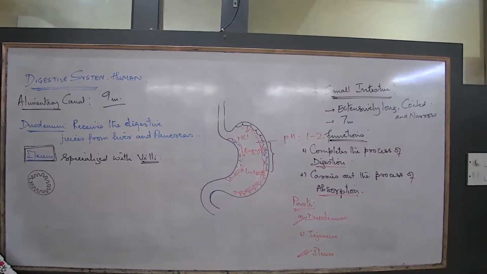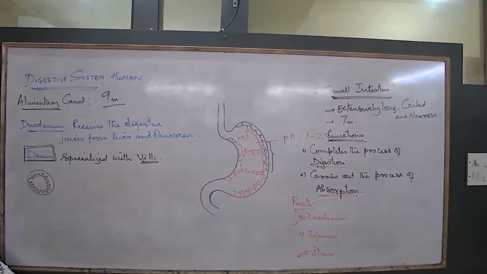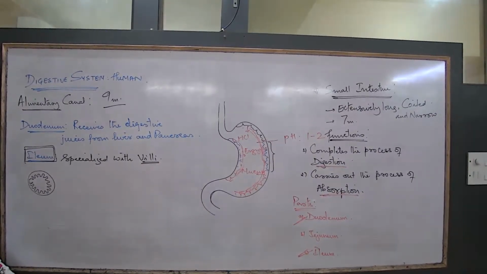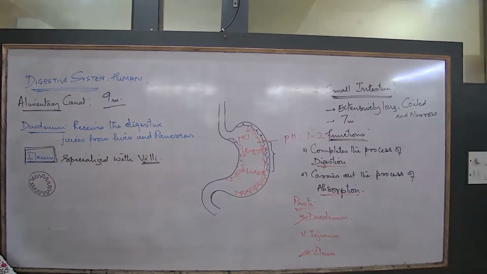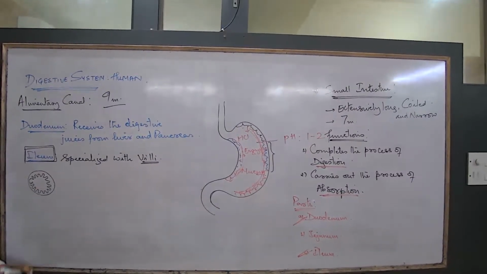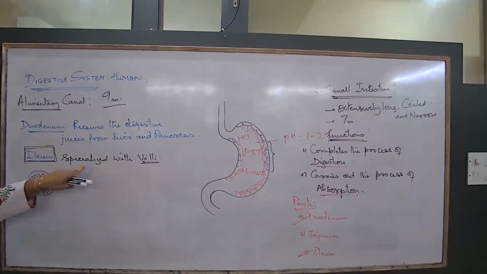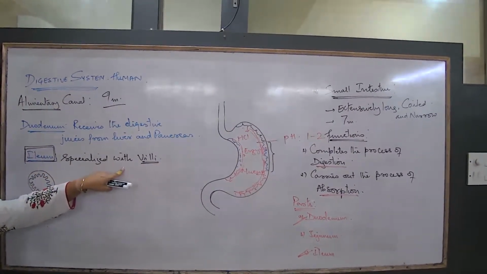That means the inner wall of the ileum looks very thin and narrow, but with these finger-like projections in hundreds and hundreds, the membrane space is much more. What is that one structural feature of the ileum? You are to write presence of villi.